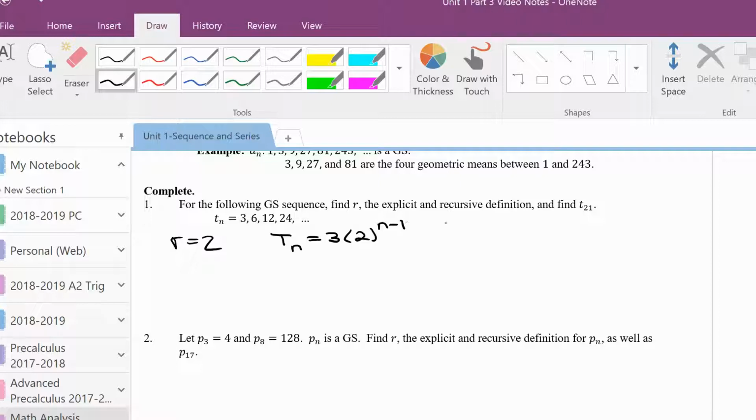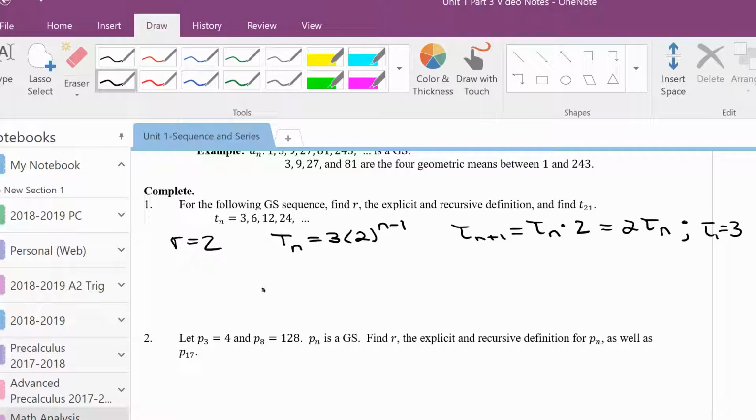And for the recursive, the next term is equal to the previous term times the ratio, which means it's 2 times the previous term, where the first term, t sub 1, is equal to 3.